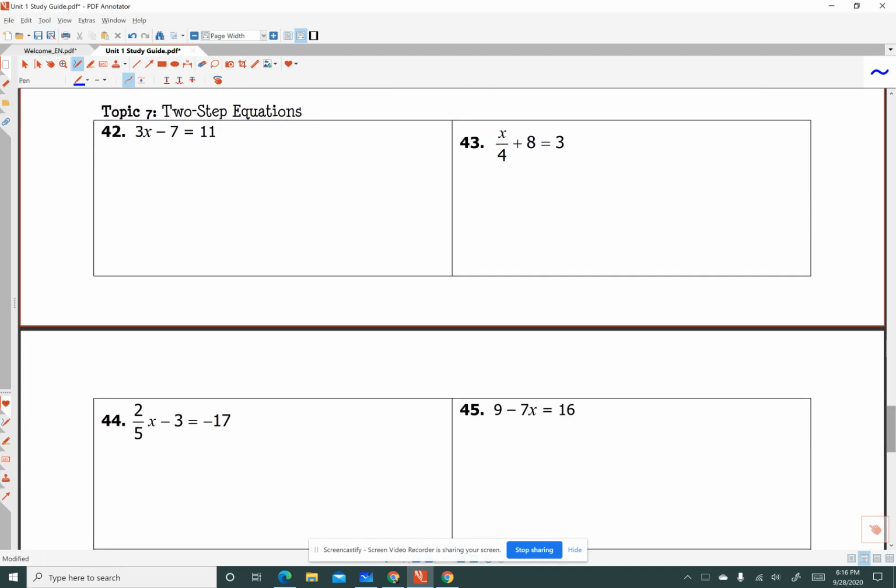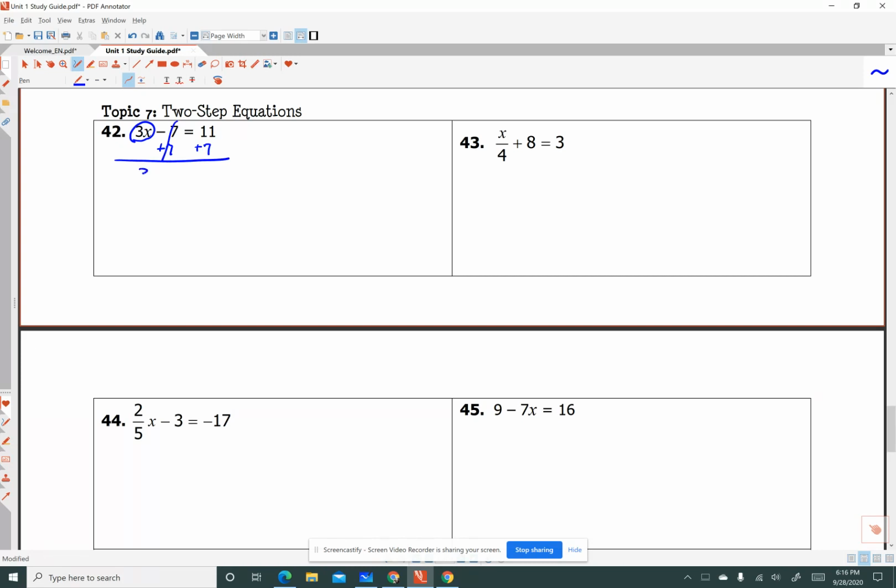And let's move on to the last page. And we have some two-step equations. The first thing we want to do, we have to isolate this 3x term. We have to get rid of the negative 7 by adding 7. Whatever we do to one side, we do to the other side.